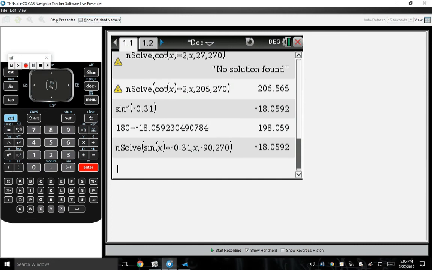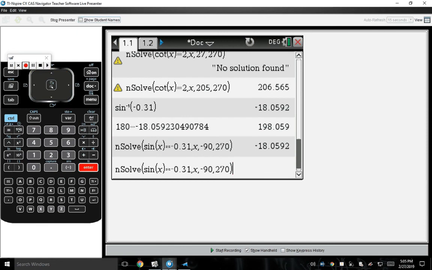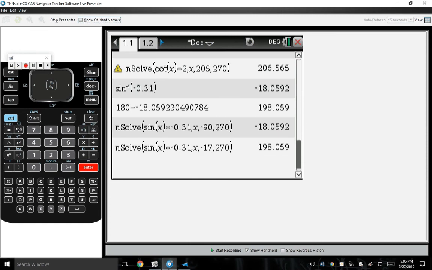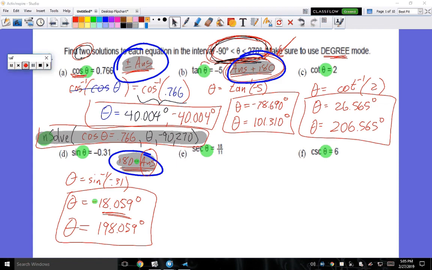We got the negative 18 that we originally got. And if I said negative 17, something a little bit higher than it, we could see that sure enough it gives us the other one. And the big reason is it's a continuous function with no breaks.